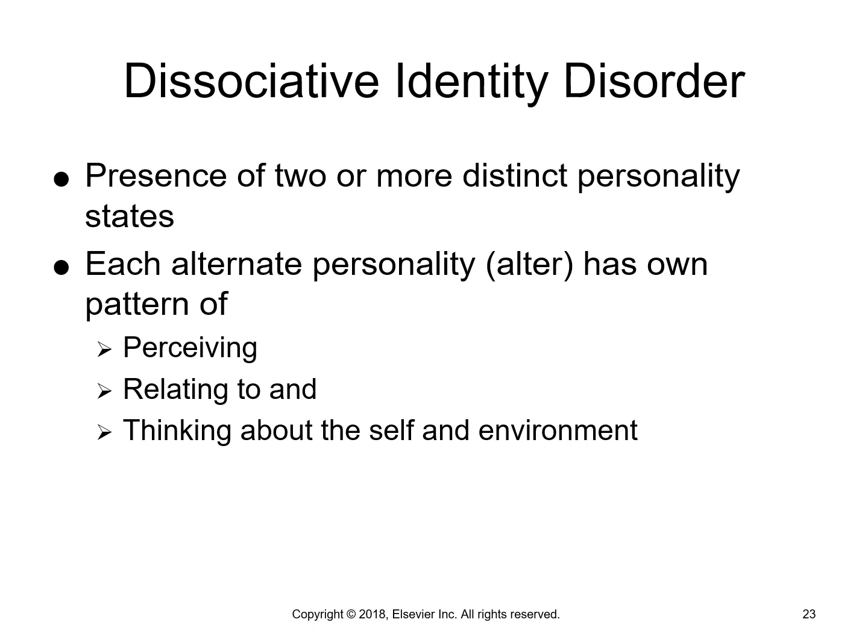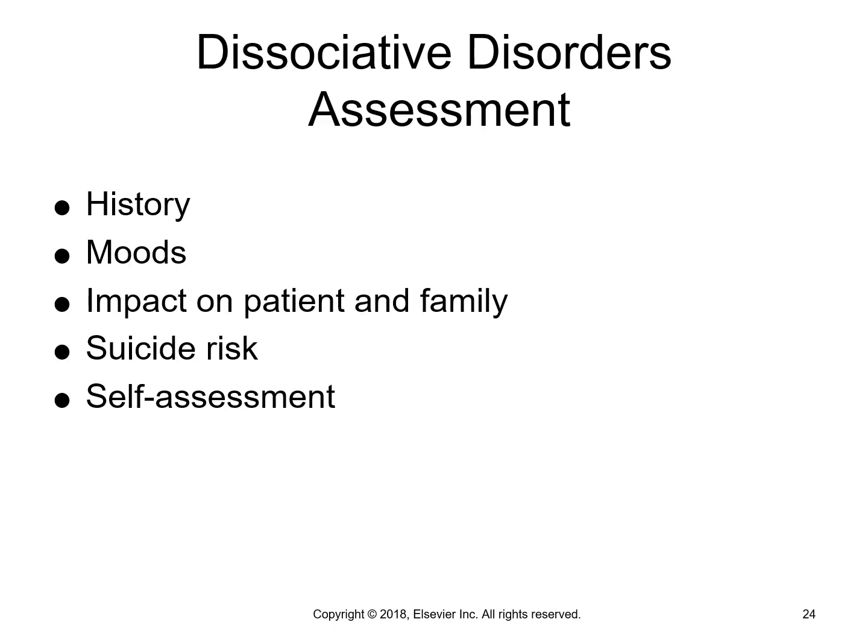So these are responses to acute stress. So how do we assess the patient? We have to obtain a proper history, we have to assess the mood, the impact on the patient and the family, we have to assess self-mutilation and suicidal risk, and also self-assessment, as in my own feelings towards this patient. Am I being manipulated? Is it true that the patient is having these feelings?